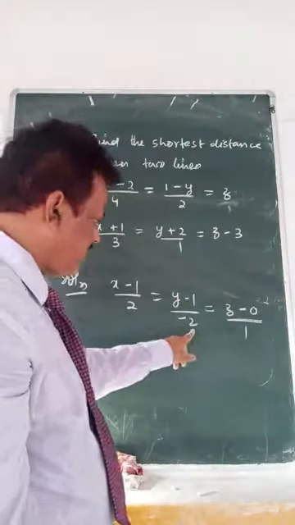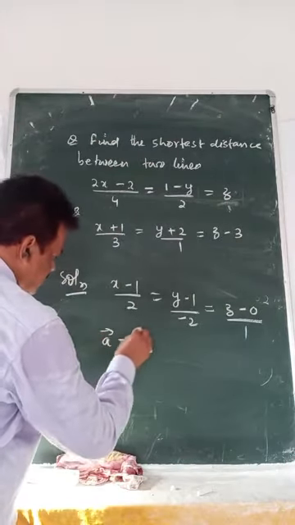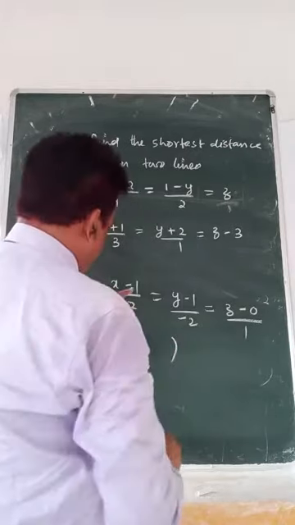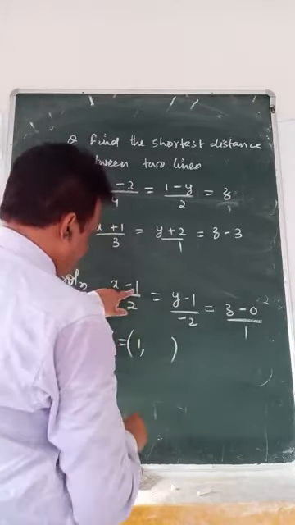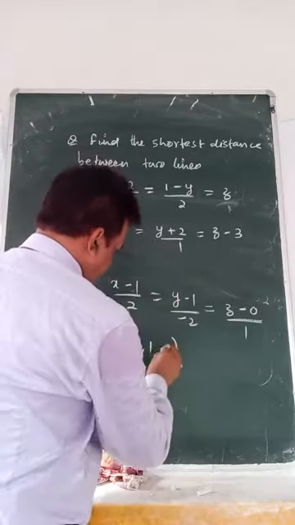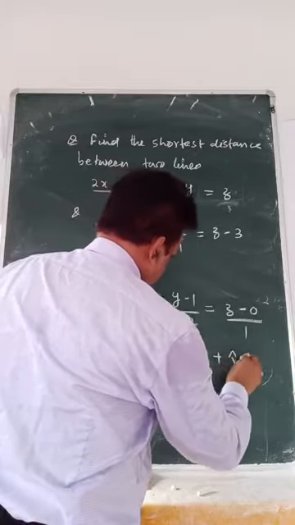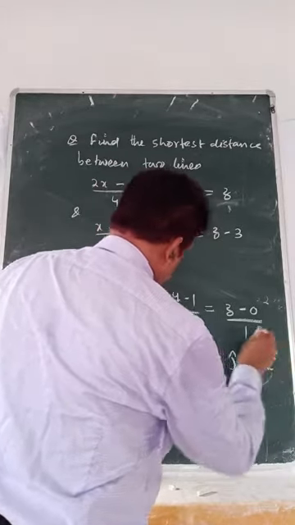So this will give you point. This will give you the parallel vector. That means your A vector will be which one? A1 is 1, again 1, then 0. So that will be I plus j plus 0k.